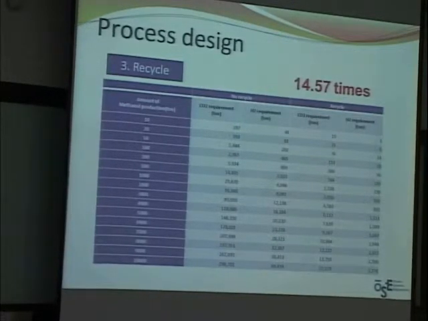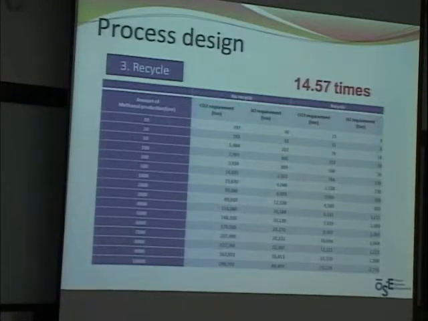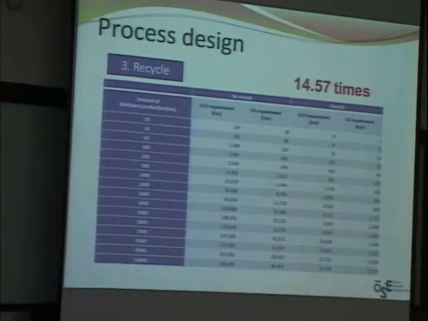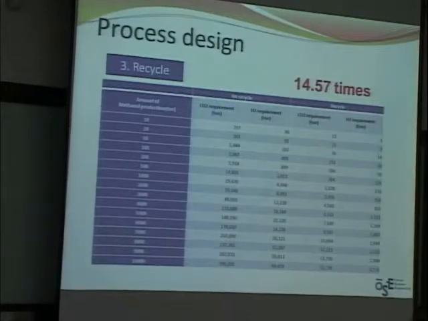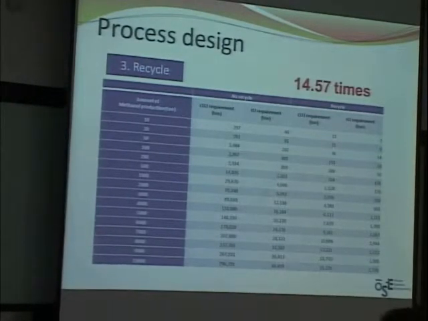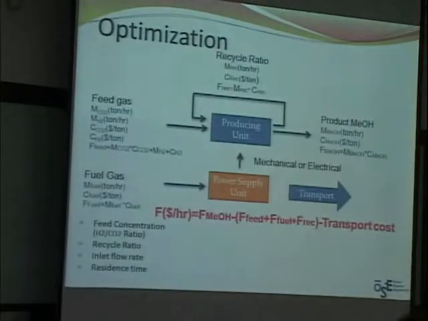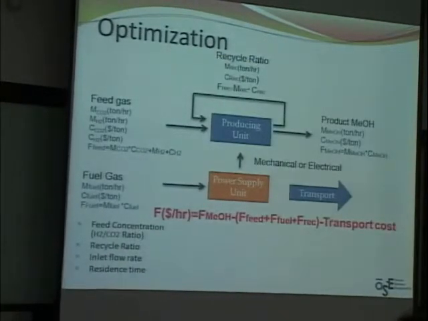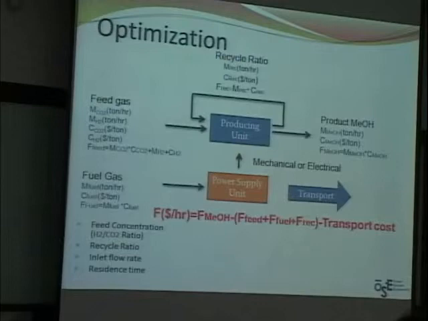However, if the number of recycle is increased, the cost will be increased also. So it needs an optimal recycle ratio calculation. Next part is optimization. It is represented by Mr. Chan.